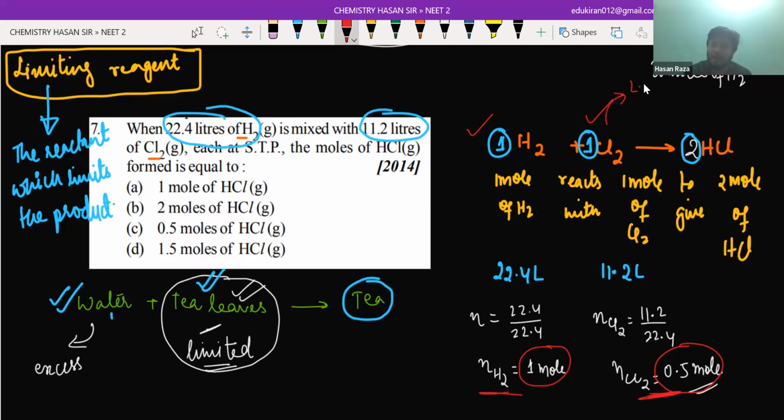That's why this is your limiting reagent, and the product will form on the basis of the limiting reagent, not on the basis of the one which is in excess. So this is in excess and this is your limiting reagent. One mole can give 2 mole, so 0.5 mole can give 1 mole of HCl. Yes or no?